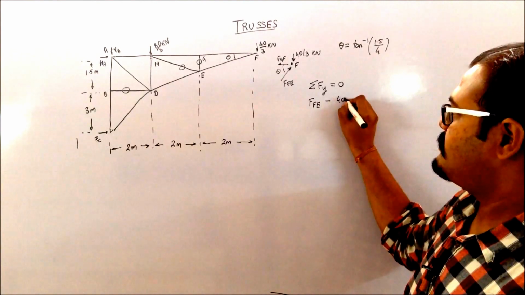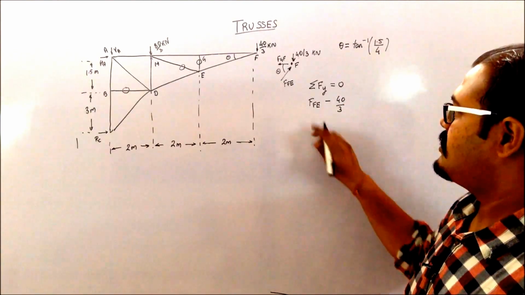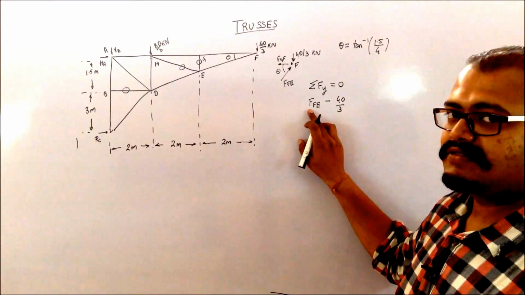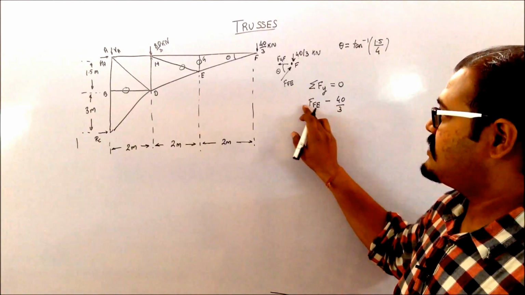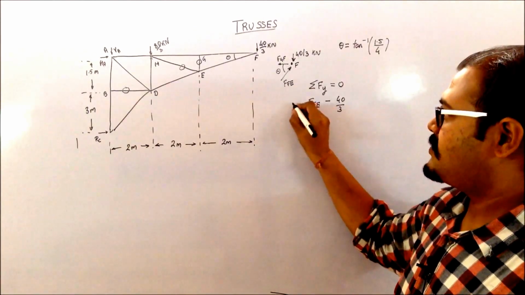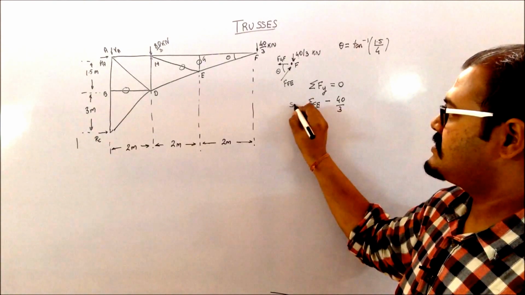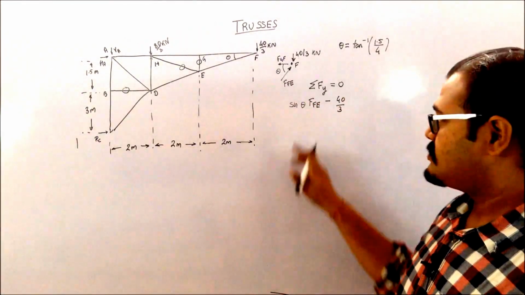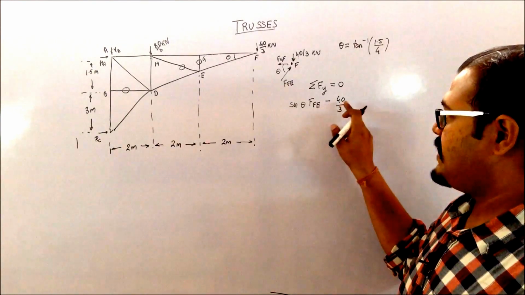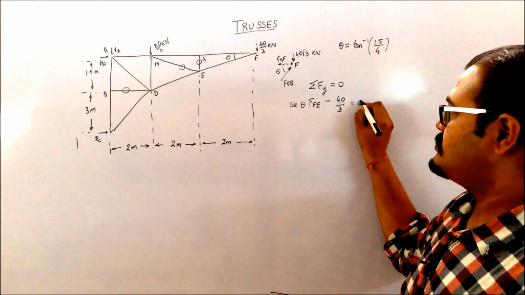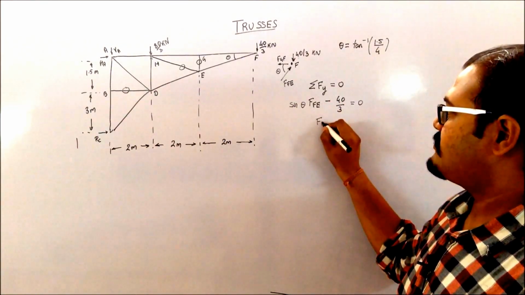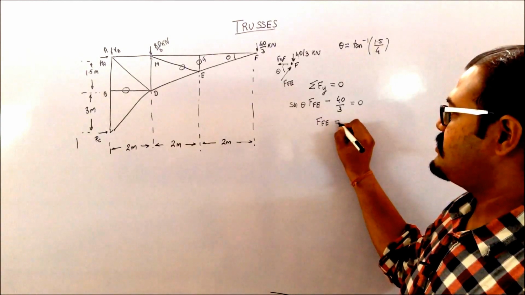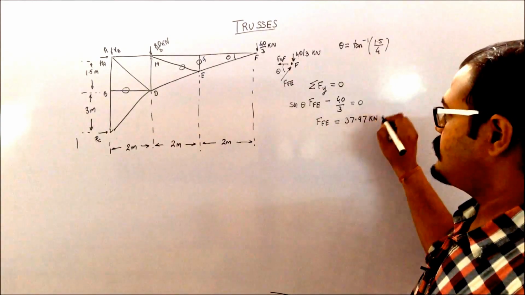minus 40 by 3. Okay, I have made a mistake over here. That is FFE, its component. So if you just analyze, it's going to be the sine theta component of it. So it is sine theta FFE minus 40 by 3 equal to 0. So I will get FFE as the value 37.97 kilonewtons.